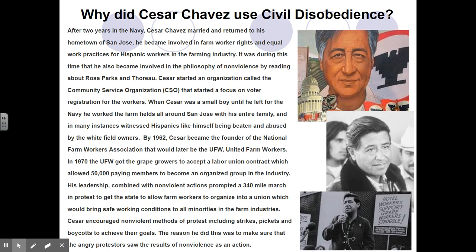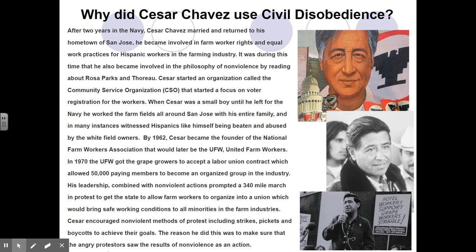Cesar started an organization called the Community Service Organization, or the CSO, that started a focus on voter registration for the workers. When Cesar was a small boy, until he left for the Navy, he worked in the farm fields all around San Jose with his entire family, and in many instances witnessed Hispanics like himself being beaten and abused by the white field owners.